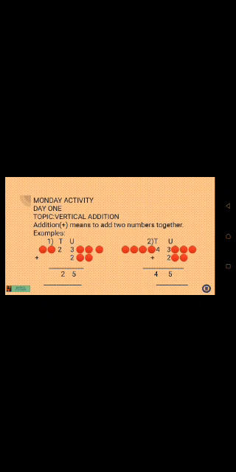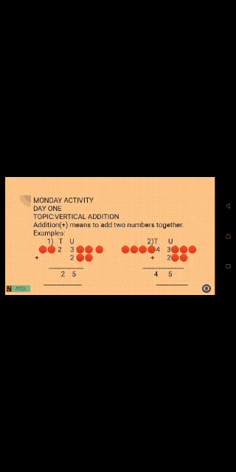Then under that 3 you have number 2. Now let's count it together. 1, 2. Then after that, what are we supposed to do? We count them together. 1, 2, 3, 4, 5. And then you come under and write your number 5, just the way I did.